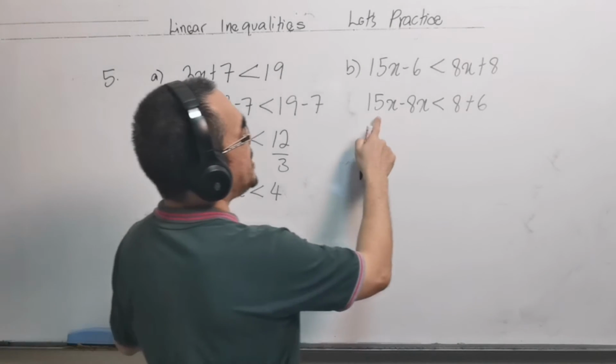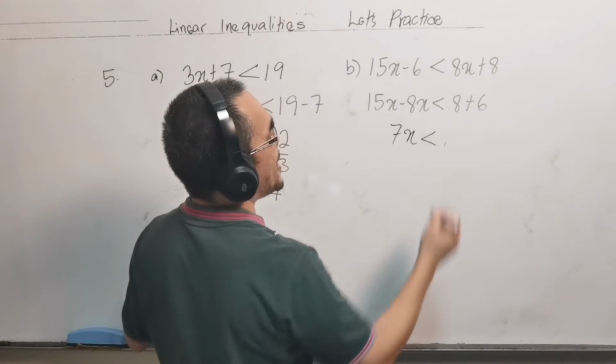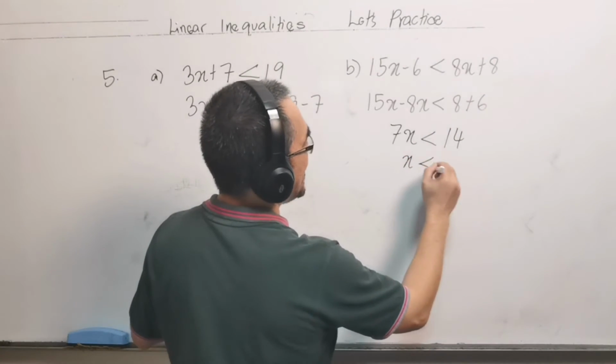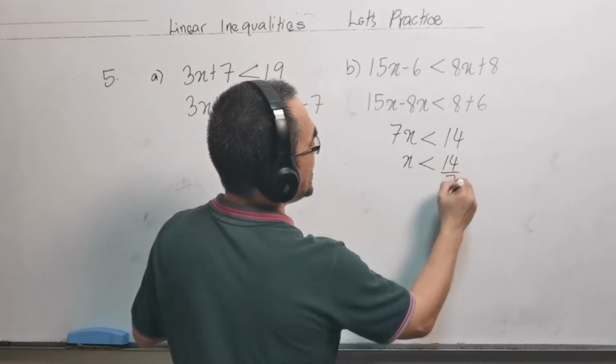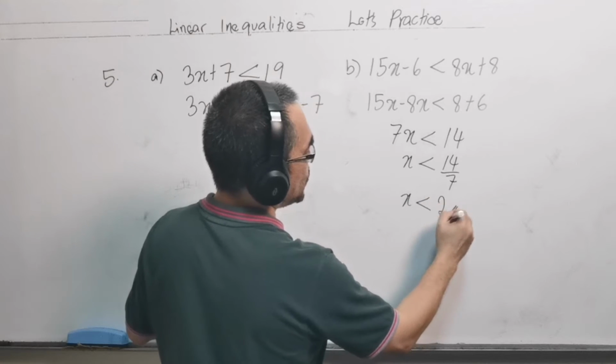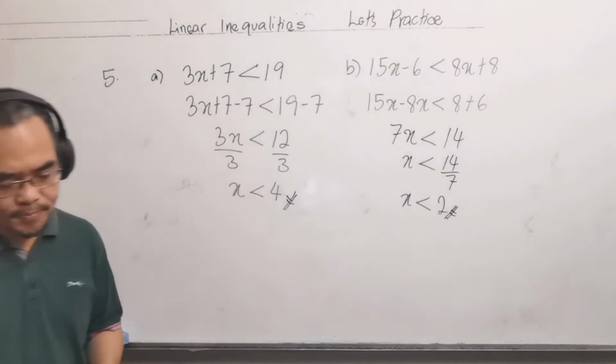Then 15 minus 8 will be 7. Then 8 plus 6 will be 14. So x is less than 14 over 7. So x is less than 2. Any question on this?